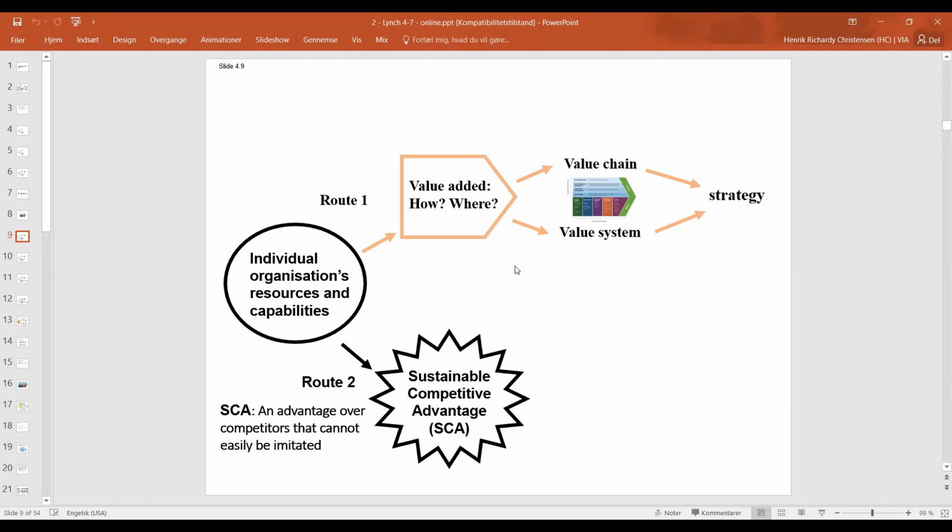Okay. Now, let's take a closer look at route 2 here. This is where we start to look into SCA, Sustainable Competitive Advantage. And we simply define it as an advantage over competitors that cannot easily be imitated.